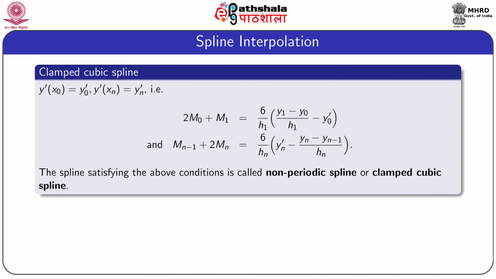Now, we discuss another kind of spline called the clamped cubic spline. In this case, the first order derivative at the initial point x_0 and the first order derivative at the end point x_n are given.